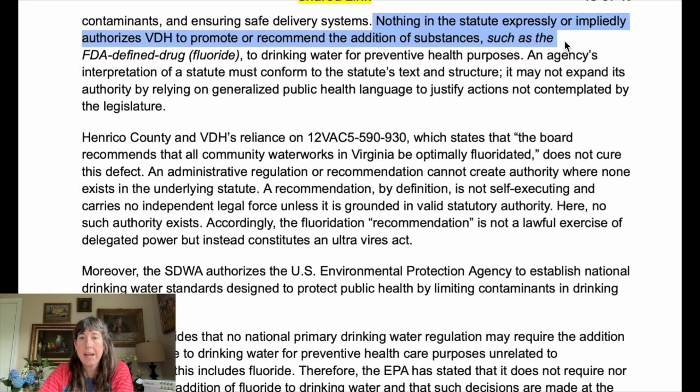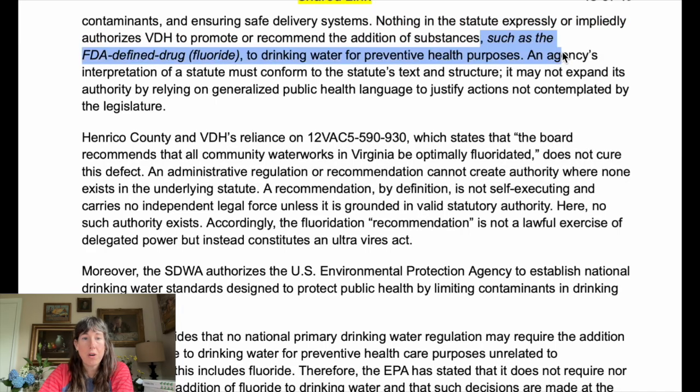Nothing in the statute expressly or impliedly authorizes VDH to promote or recommend the addition of substances such as the FDA-defined drug fluoride, or in this case, we're specifically discussing hydrofluorosilicic acid, to drinking water for preventive health care purposes.